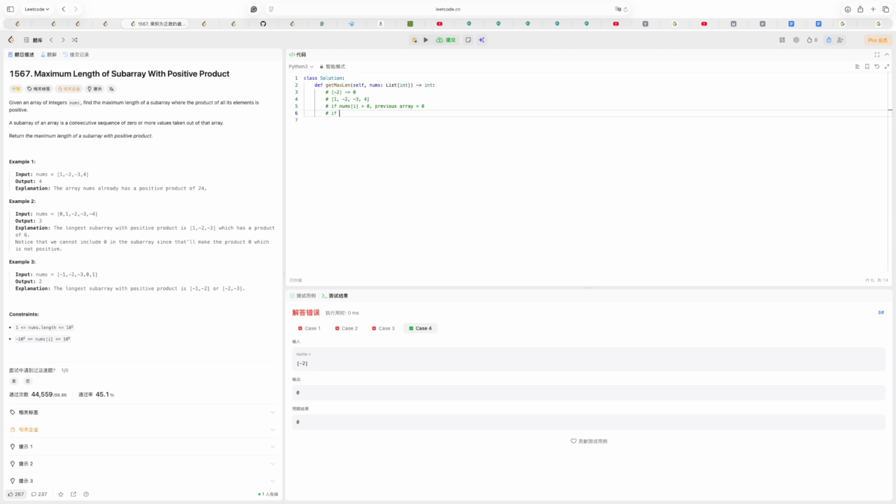And if nums[i] is negative, then we want the previous array to be smaller than 0. Okay, so I think the value is not important.